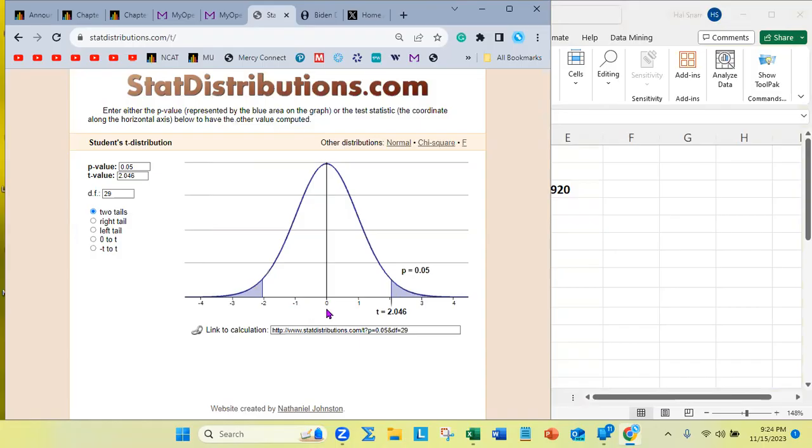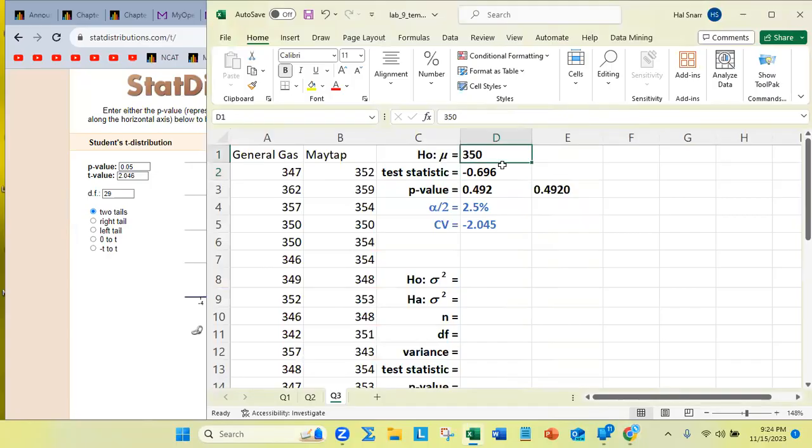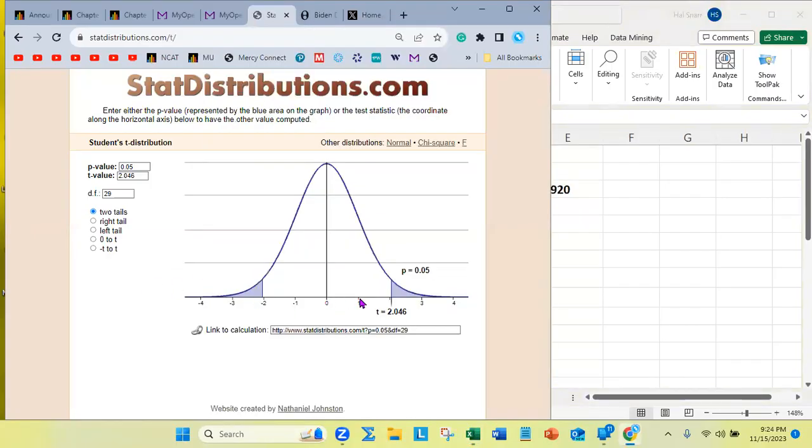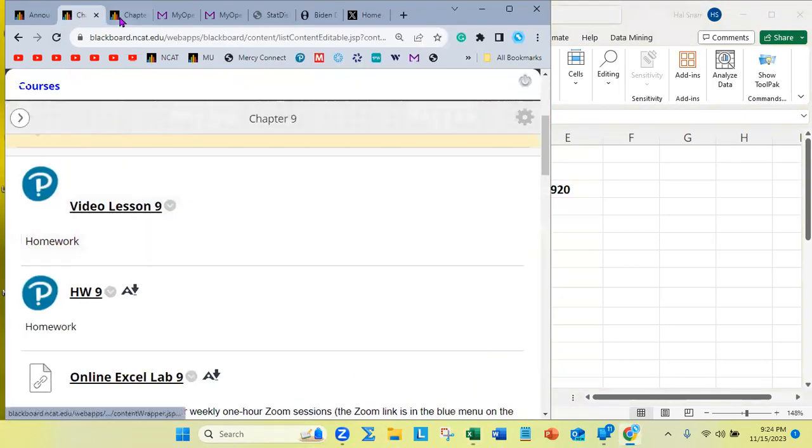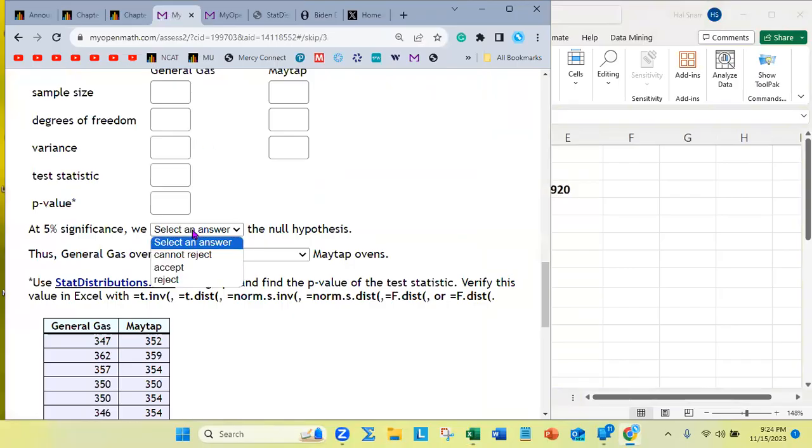And the null hypothesis is the difference is 0, right? The difference between my sample mean and that is 0. So this is my do not reject the null region. We cannot reject the null, right? At 5% significance, we cannot reject the null hypothesis.